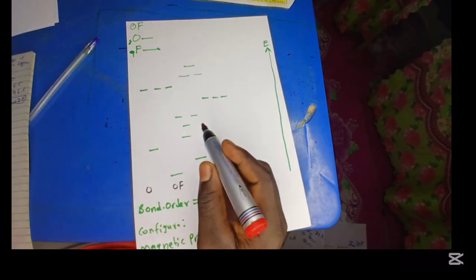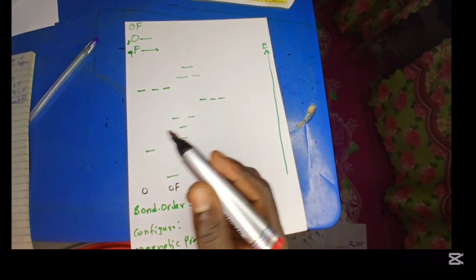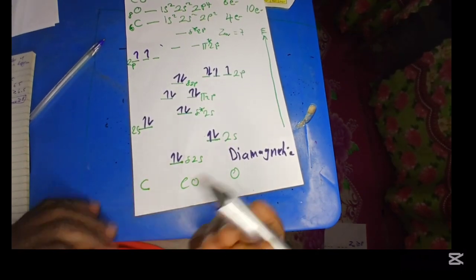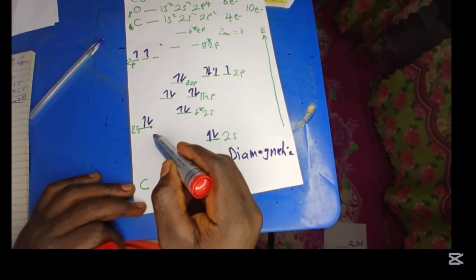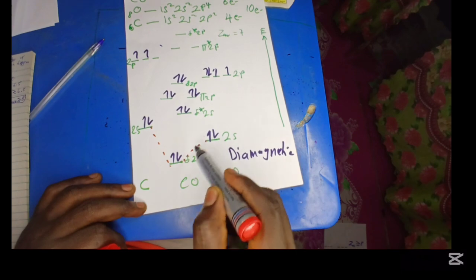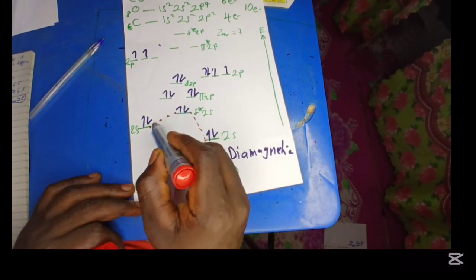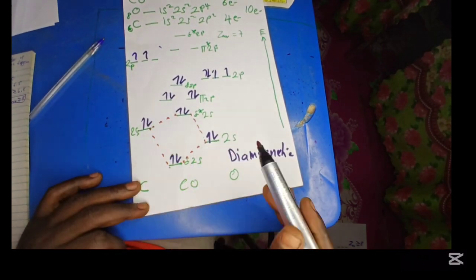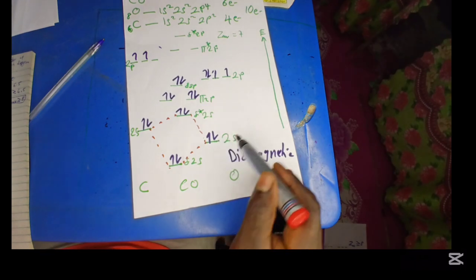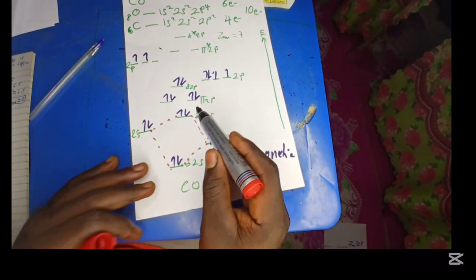So let's draw the molecular orbital diagram for OF. Before that, let me show you something you need to know. Sometimes you may be asked to draw dashes to join the orbitals, the 2s orbitals and then the 2p orbitals.